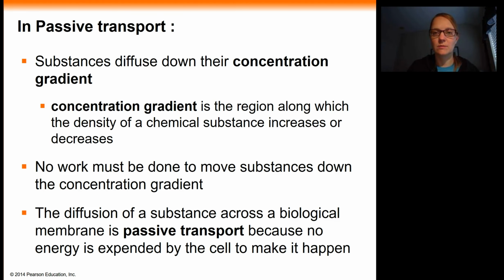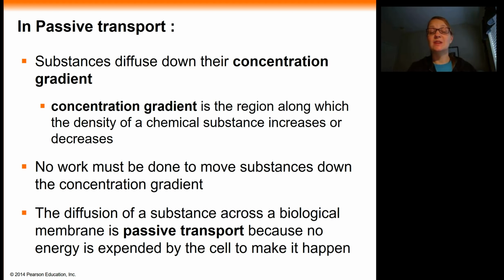Okay, so to review, we've talked about diffusion of particles, molecules, let's say substances. Substances tend to diffuse down their concentration gradient. Now, just to make sure we're clear on what a concentration gradient is, it's defined as the region along which the density of a chemical substance either increases or decreases.